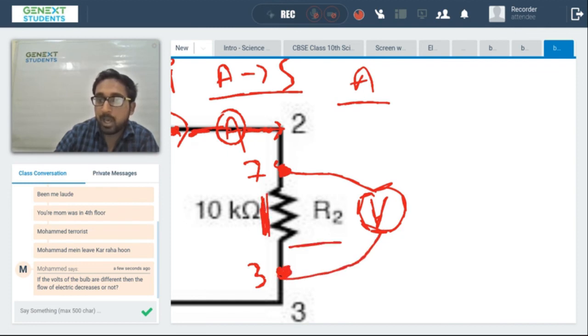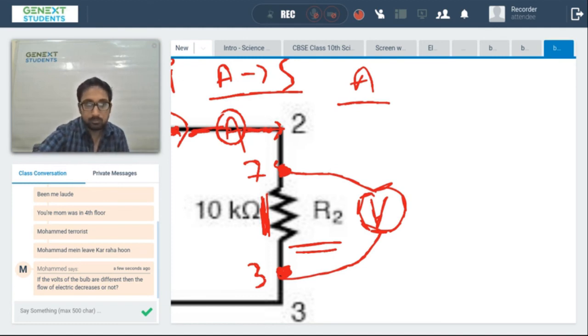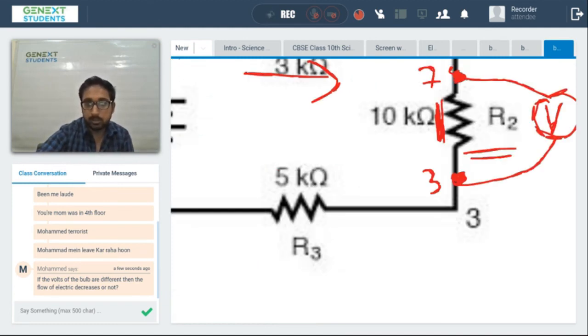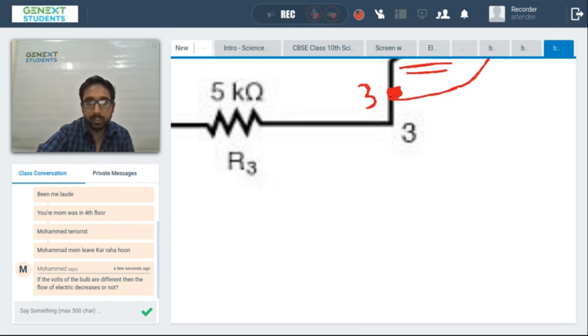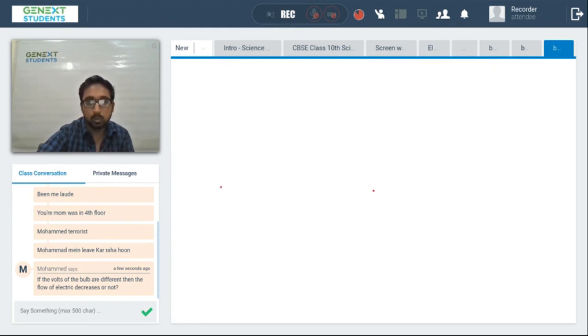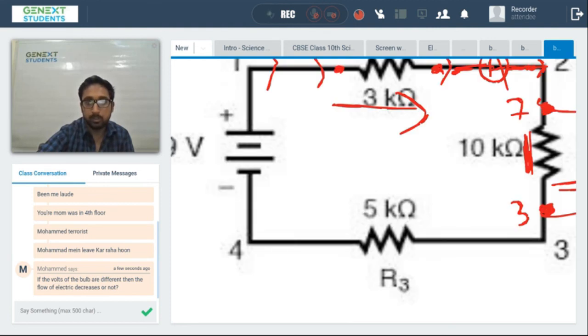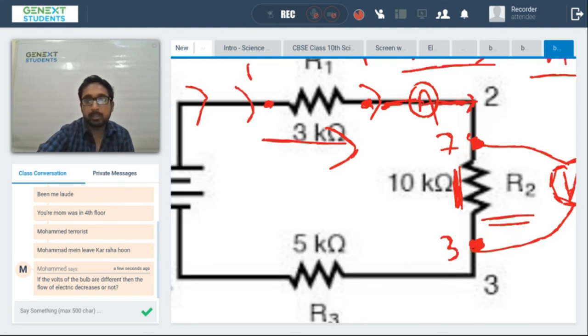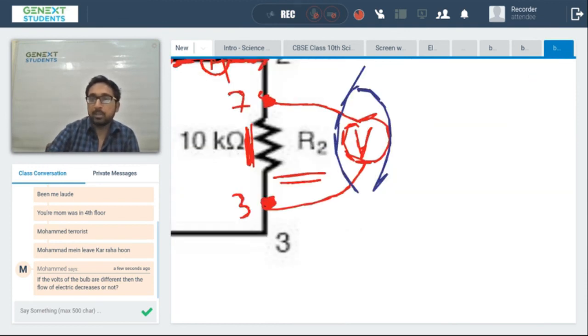Therefore, it is connected in parallel with the resistance. Did you understand this? Voltmeter gets connected in parallel, and ammeter gets connected in series.